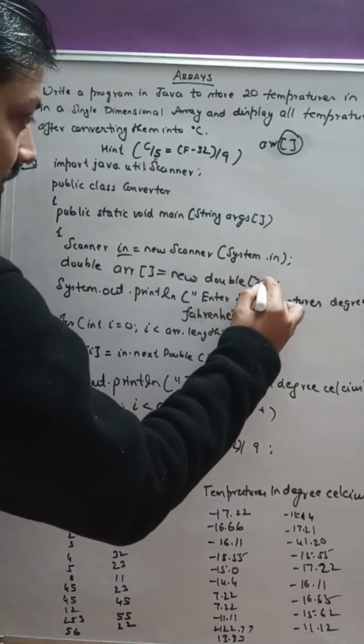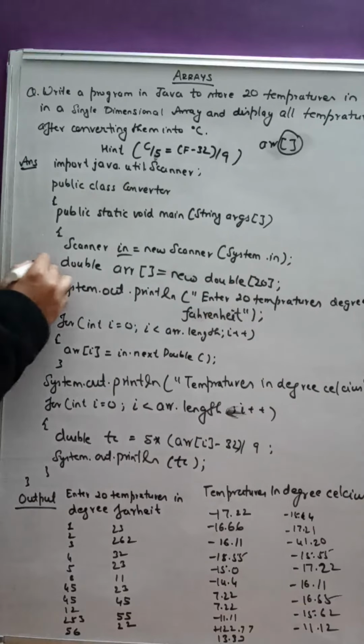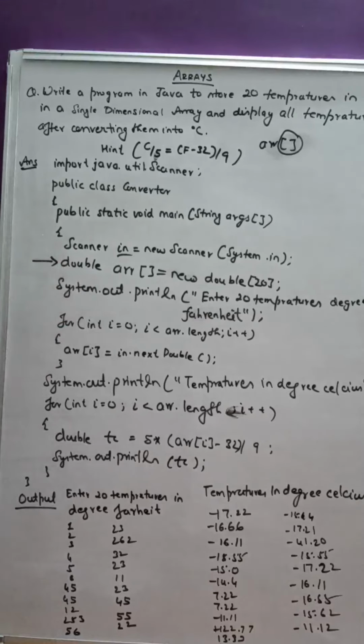With this, we have just initialized the array with the space. That means 20 spaces will now be confirmed, the size for 20 elements will be confirmed in the memory location.